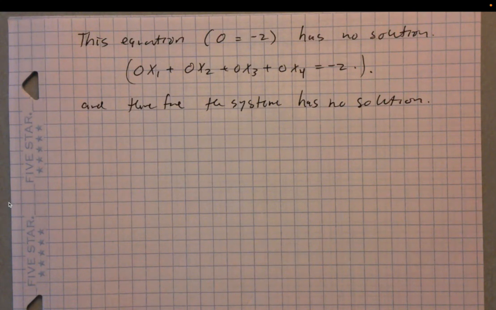Remember, any solution to the system is going to have to satisfy all of the equations in the system. So if I've got this equation which I can't satisfy with any number, with any 4-tuple, then I can't have a solution to the system. Okay, and that's the situation.